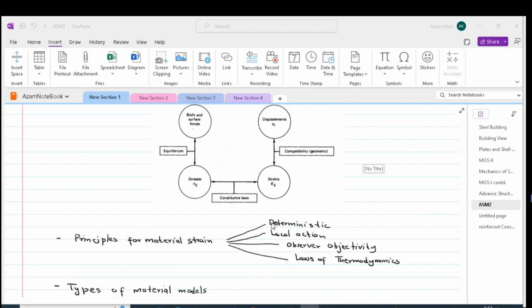In other words, if you give me stress and give me strain in the lab, I will work out the constitutive equation. Today, after 3 days, 5 days, or 10 days, if I determine the stress-strain relationship, that will be the same as determined earlier. So that means a deterministic property.